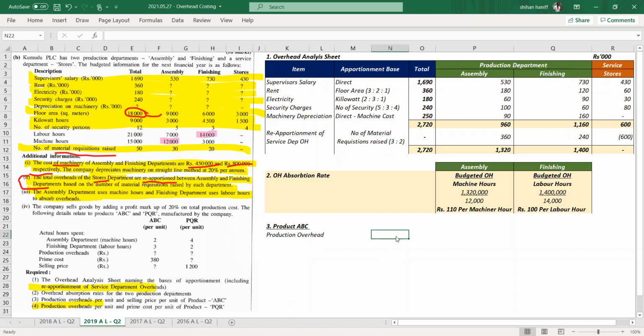So production overhead is calculated for the assembly and finishing department, ABC.